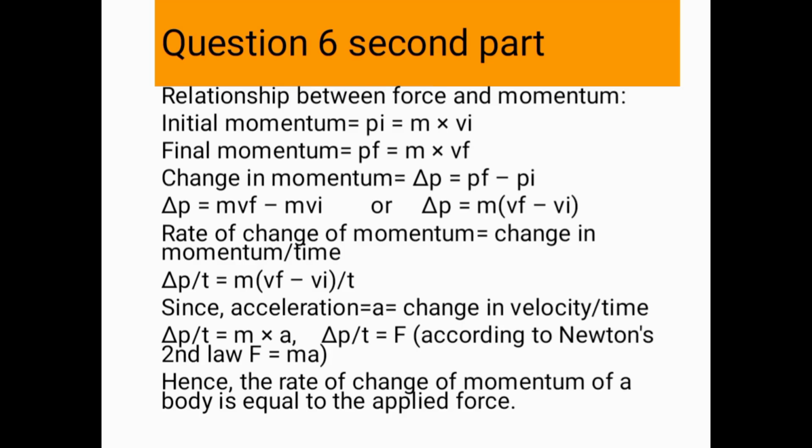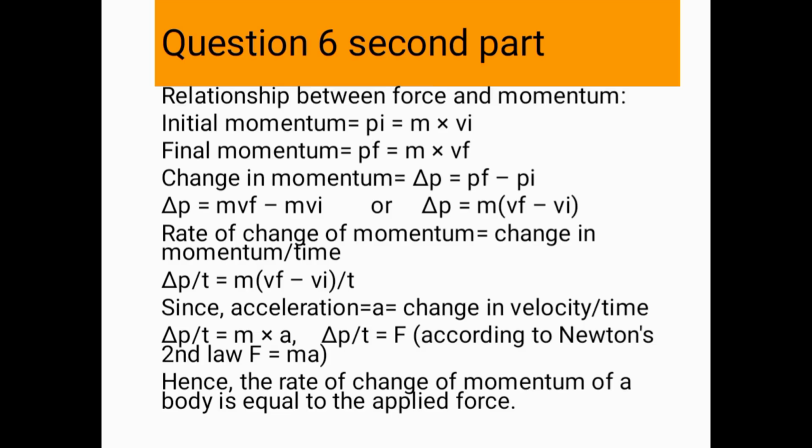Question 6, second part. Relationship between force and momentum. Initial momentum, pi equals m times vi. Final momentum, pf equals m times vf. Change in momentum, Δp equals pf minus pi, Δp equals mvf minus mvi, or Δp equals m(vf minus vi).